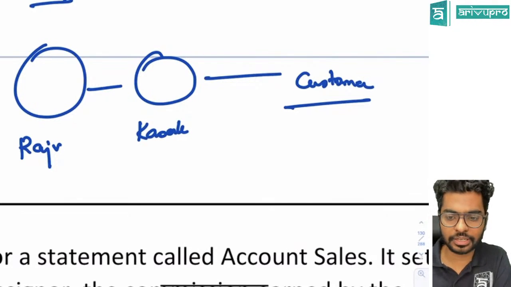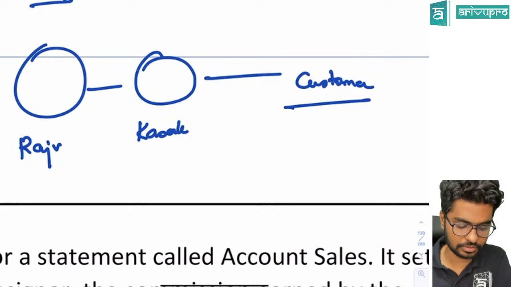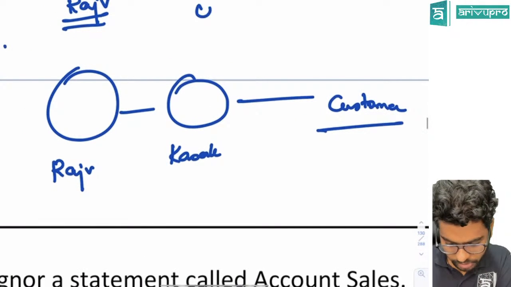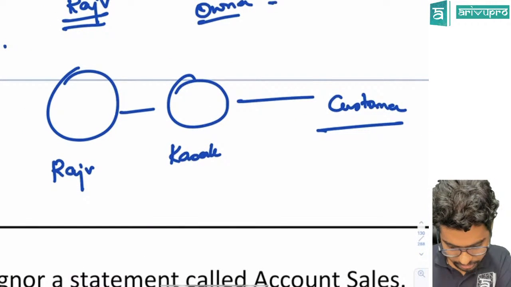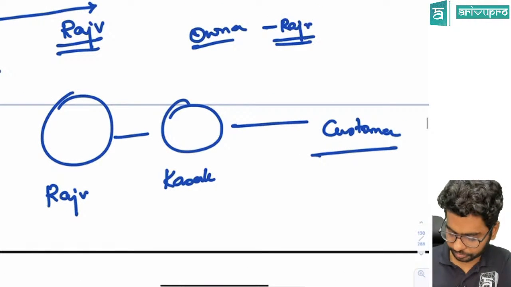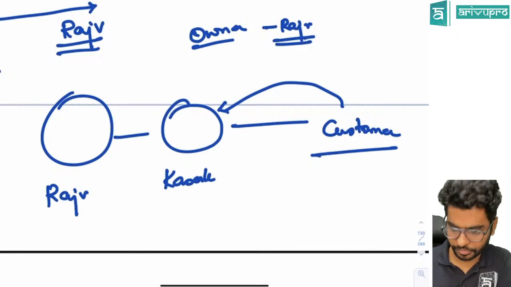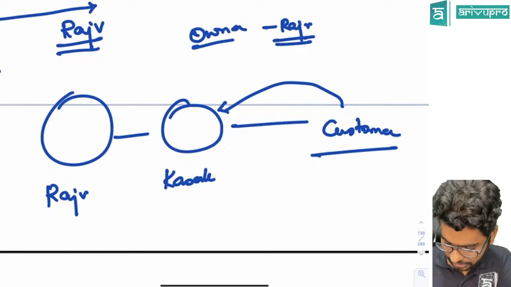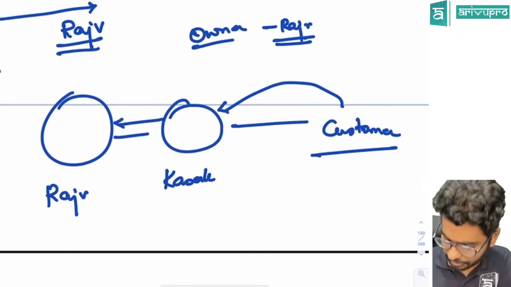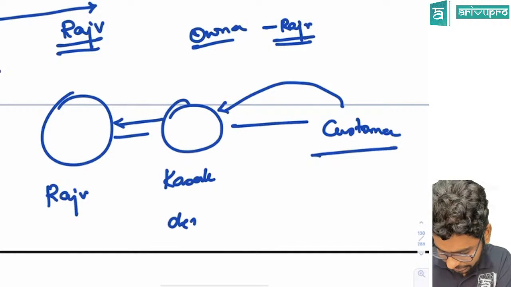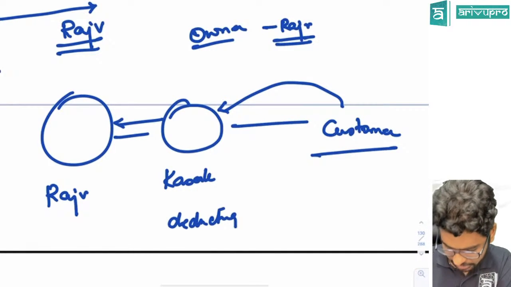Kasak. But who's the original owner of the goods? Rajiv. Now, the customer is paying Kasak. Kasak is in turn remitting to Rajiv after deducting Kasak's expense.